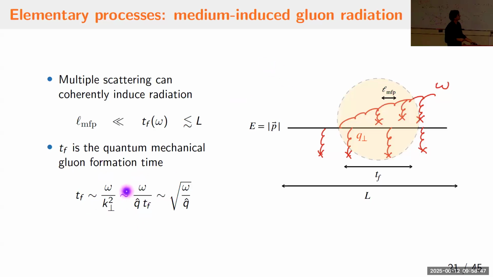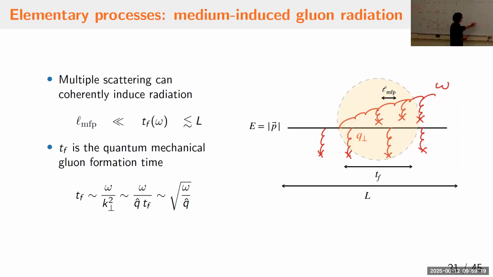So we have omega over k_T squared. Then I just replace the transverse momentum squared by, let me do the math here quickly. So I have the formation time, which is equal to omega over k perp squared, right? Using the fact that k perp squared is equal to q hat times the time it takes to accumulate this transverse momentum, it's T_f.